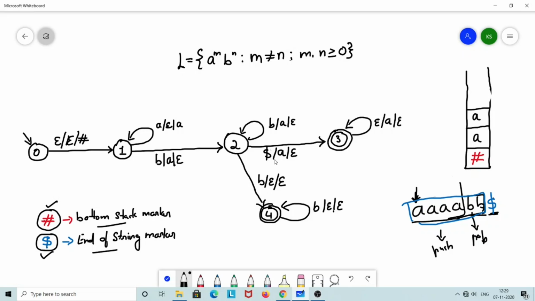While reading dollar, I'll go to state 3, and in state 3, what do I do? For the dollar encountered, I'll pop this A out, and in state 3, when I encounter further A's, I'll perform the pop operation. When I pop all the A's out, I'll be left with the hash symbol, so even that needs to be popped out.